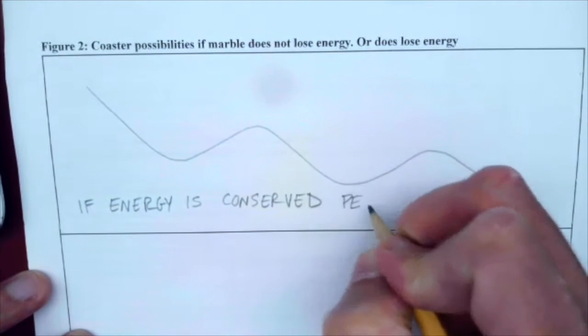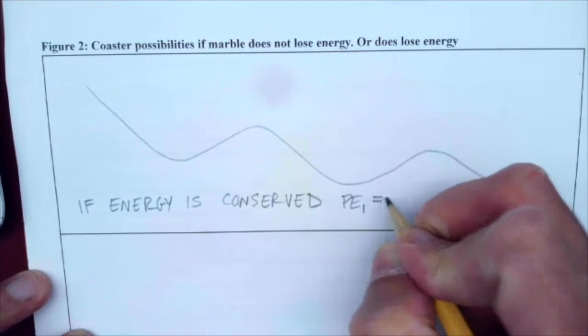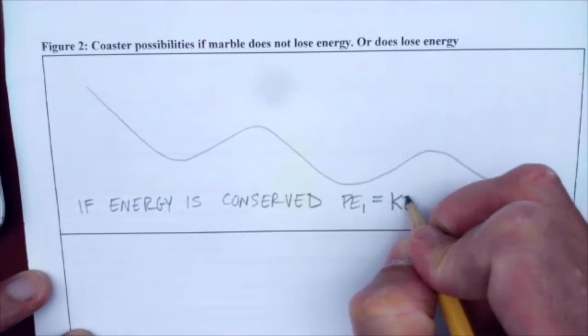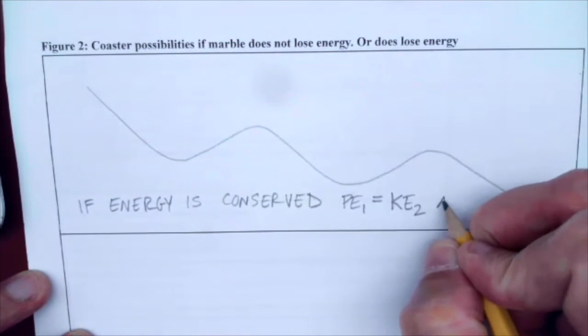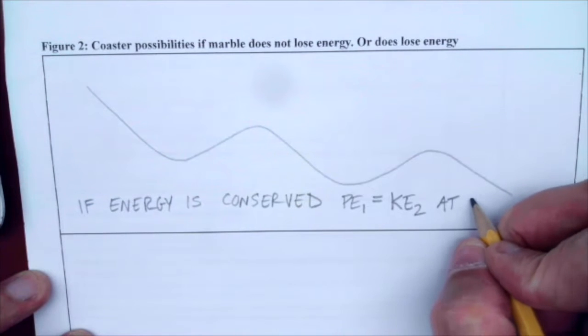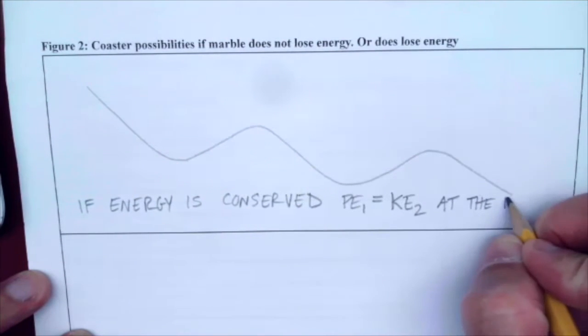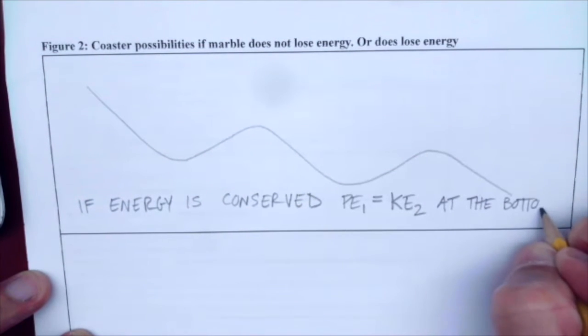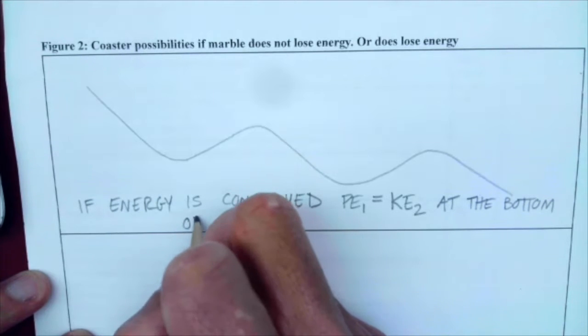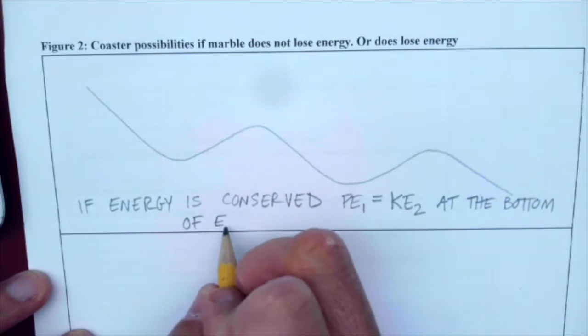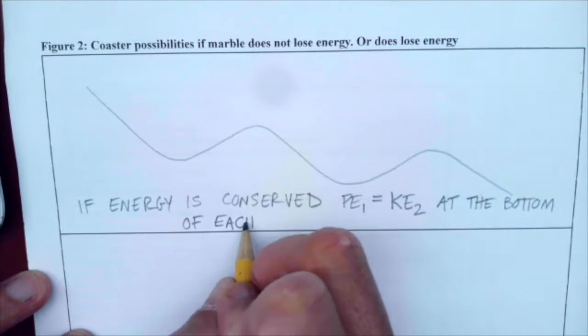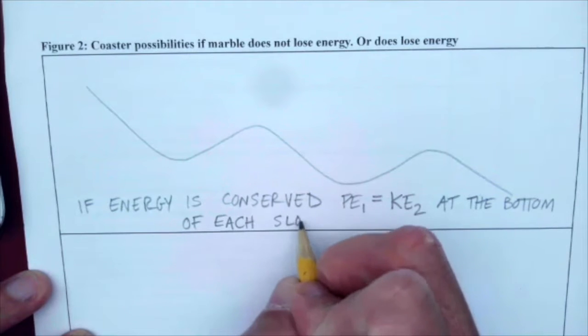PE1 should equal KE2 at the bottom of each slope. Potential energy and kinetic energy.